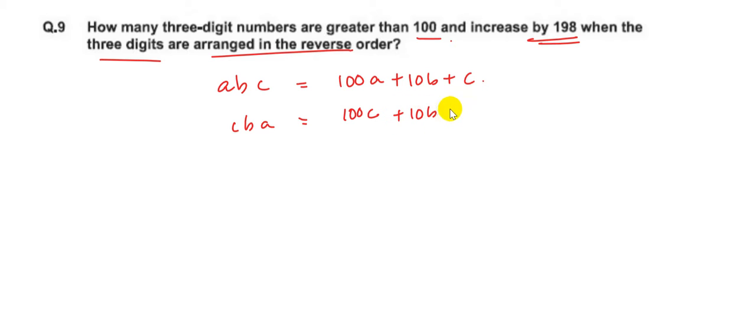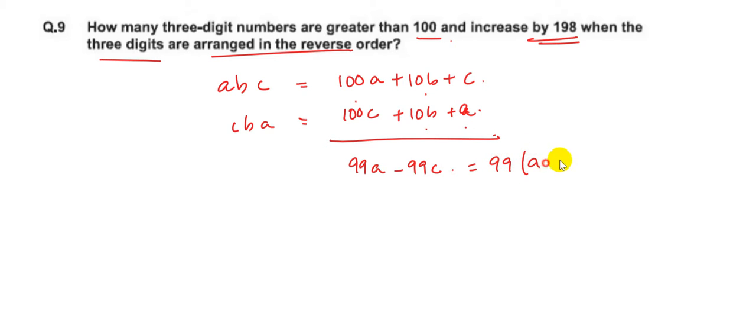plus 10B plus A. So if I take the difference, this will be 100A minus A, that would be 99A, 10B gets cancelled, minus 99C. That means 99 into A minus C. Since the number will increase by 198, the first number is the smaller number and the second number is the larger number.